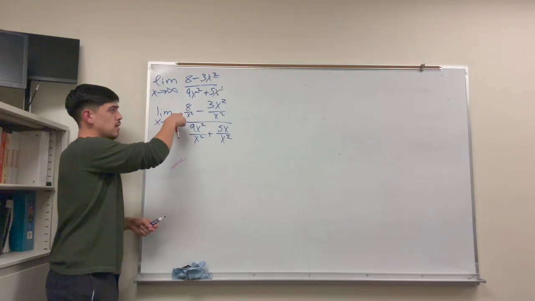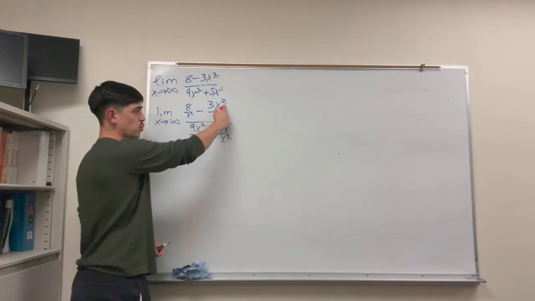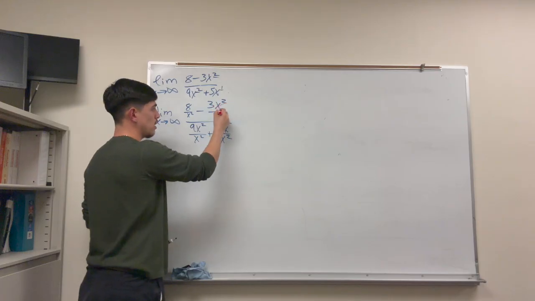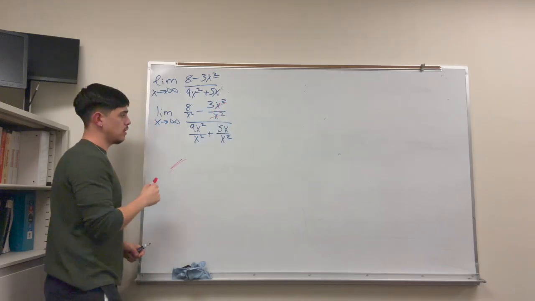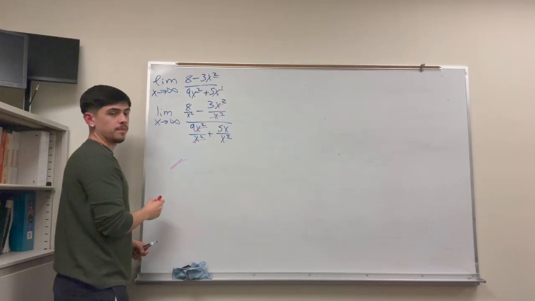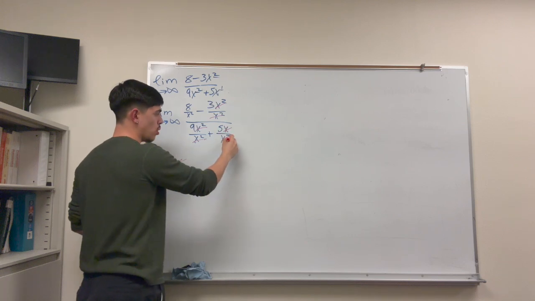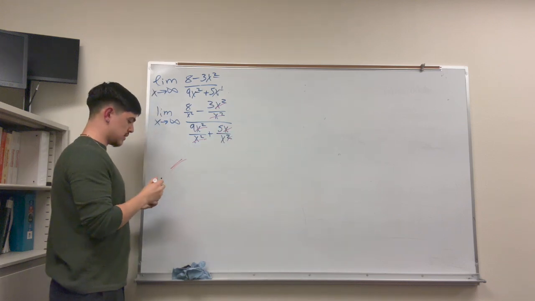We can simplify it, right? So for this 8 over x squared, we can't really cancel that. But here, look, we have x squared over x squared. I'm gonna cancel these. Beautiful. Here, x squared over x squared, cancel. Here we have x over x squared. This x is gonna cancel, and one of these x's down here will cancel.